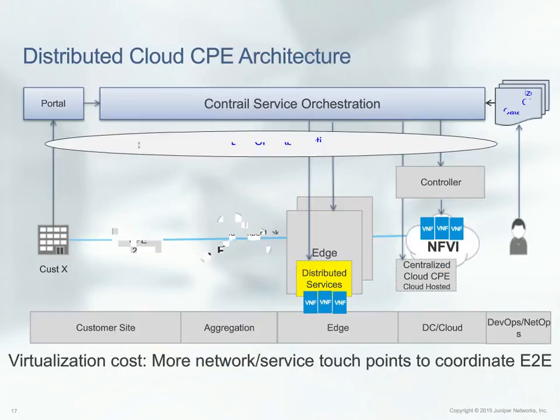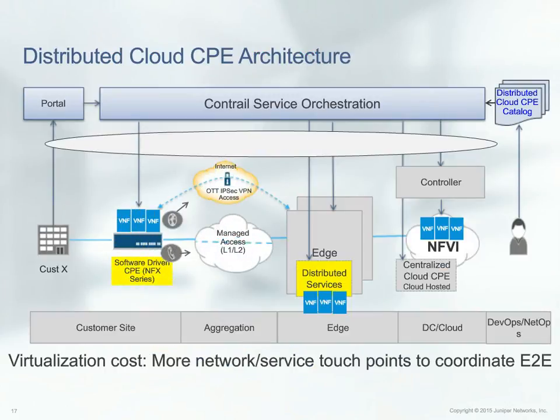And to take the illustration, in that same topology point of view, what we're really doing is leveraging, here on the left, a software-driven CPE device that has the ability to run those VNFs.